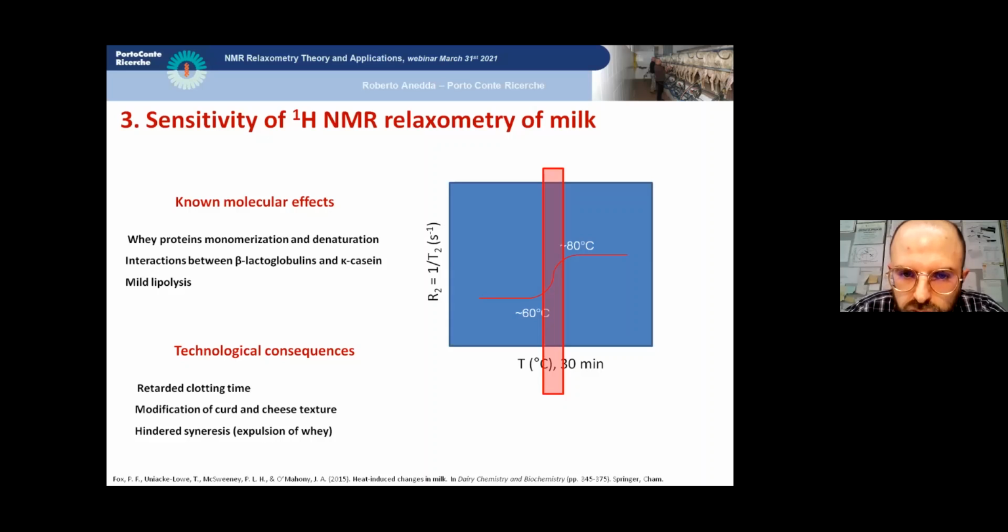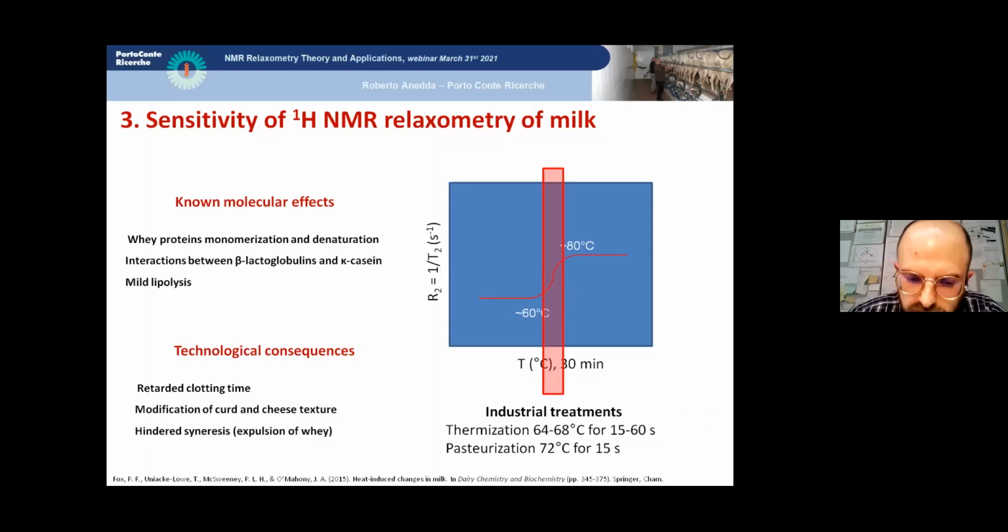The R2, the relaxation rate, which is the inverse of the relaxation time T2 I described before, was shown to be unaffected at lower and higher temperatures, but just this steep increase is here in this region. Interestingly, these are the temperatures commonly used for heat treatments of milk at industrial level, thermization and pasteurization.